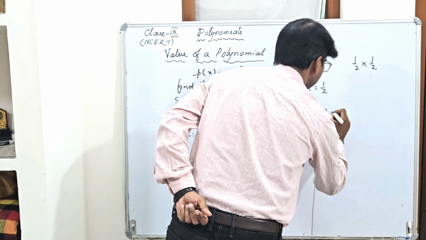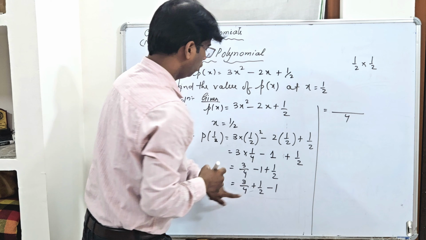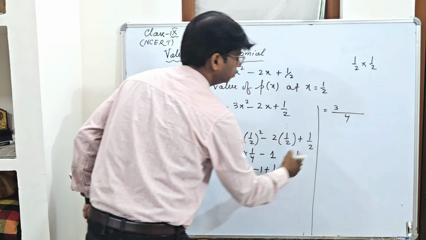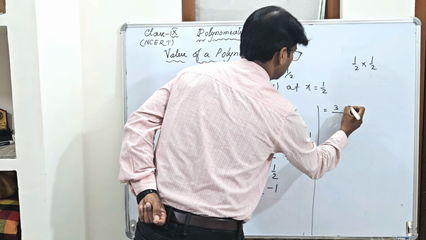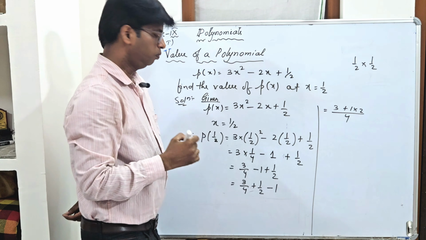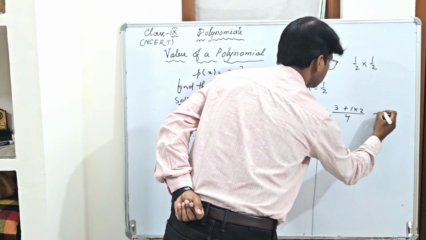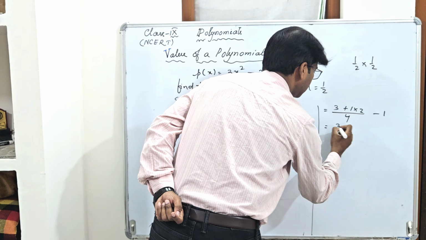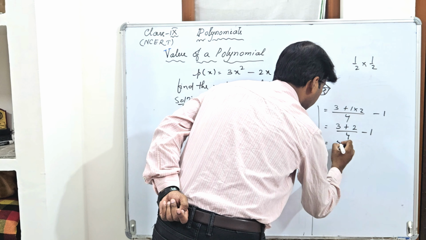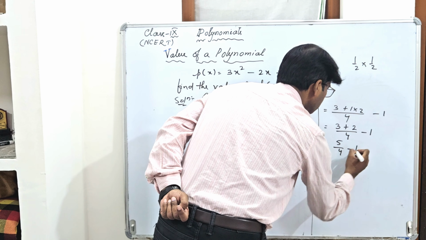The LCM will be 4 here. So 3 remains unchanged, and here it is 2, so 2 into 2 is 4, and 1 into 2 also, I have to multiply by 2. Then here it is minus 1. So now 3 plus 2 by 4 minus 1, so it is 5 by 4 minus 1.